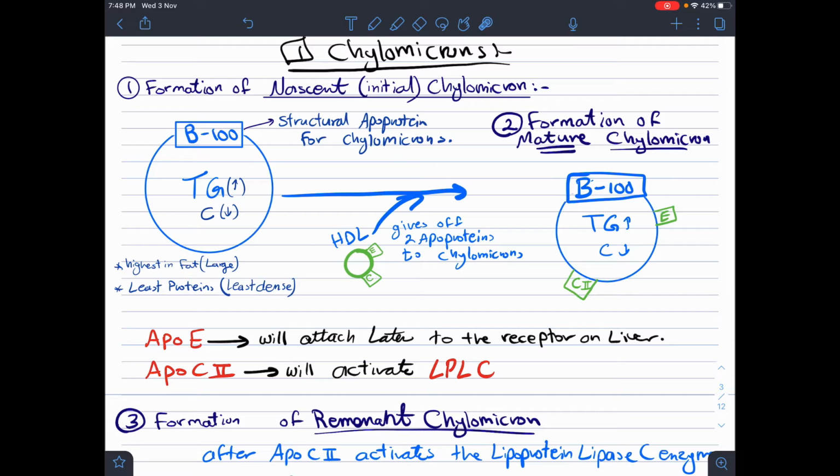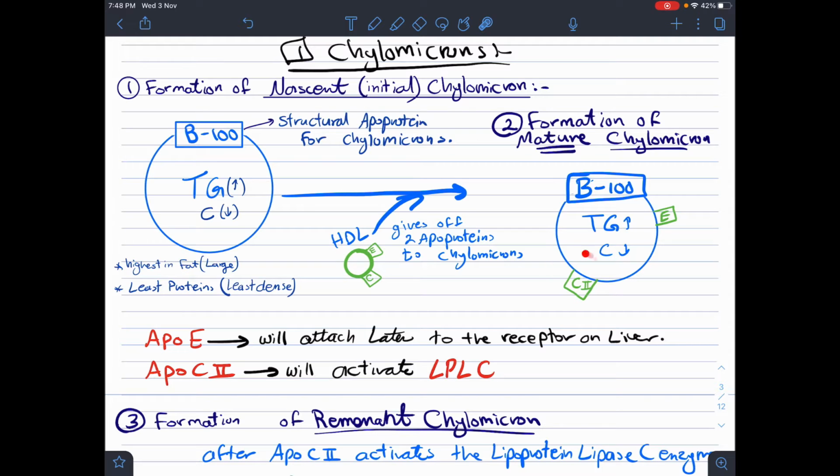So you can see the big picture here. The chylomicron initially is just a nascent chylomicron. It has B100, which is the fixed structural apoprotein for the chylomicron. It's highest in fat, highest in lipids, so it's very large, and least in protein, so the least dense. Then the HDL gives off the apoprotein E and the ApoC2, because ApoC2 is important for metabolizing the triacylglyceride inside the chylomicron.